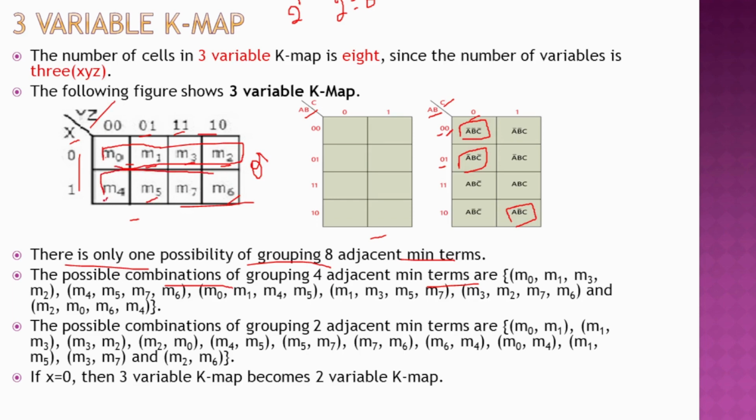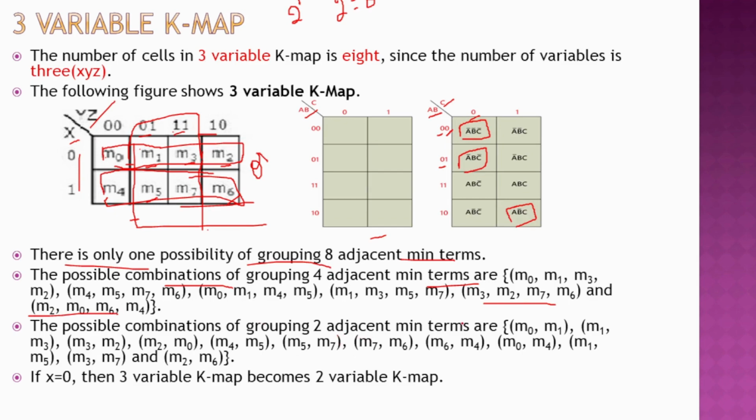The possibilities of grouping in the 3 variable map: either you will group with M1, M3, M5 and M7. This 4 box. Either you will group this 4 box. Likewise, you can fill this group. These are all the possible grouping methods in 3 variables.